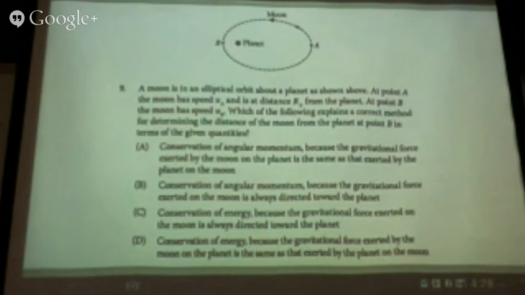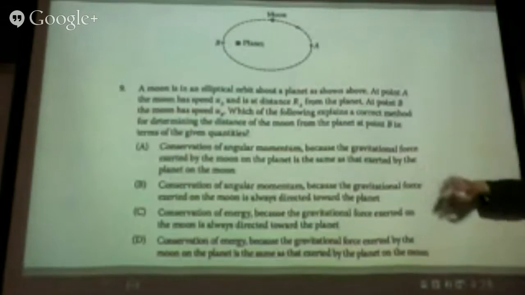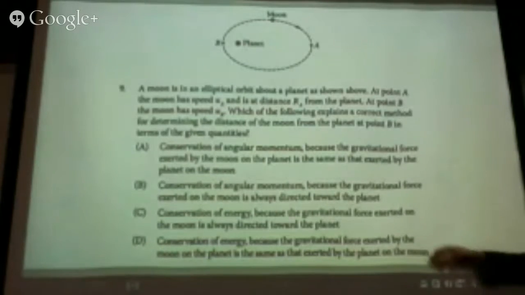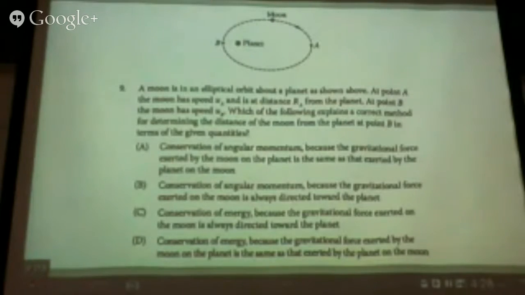We just care about forces on the moon. So that, to me, narrows it down to not A and not D, because that one's talking about how big the forces on the planet are. I don't care. Yeah, they're the same size. Newton's third law. Yeah. Doesn't matter for this problem, though. So that narrows it down to B or C.